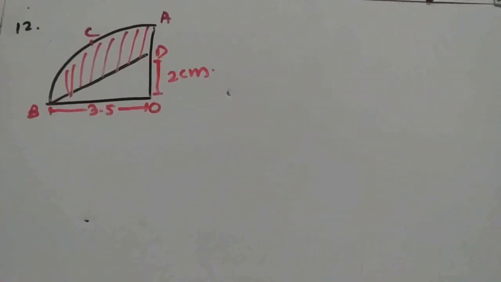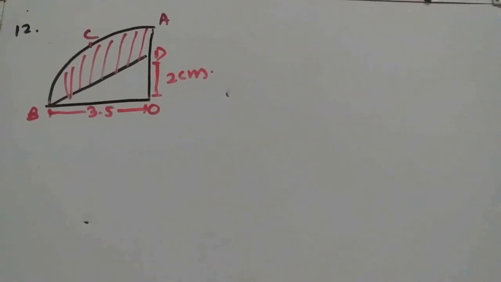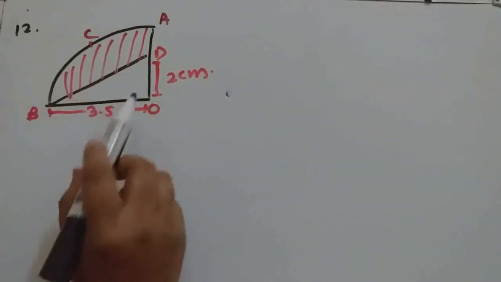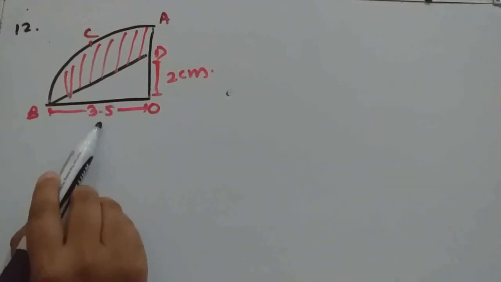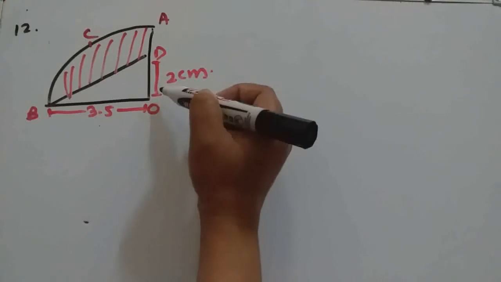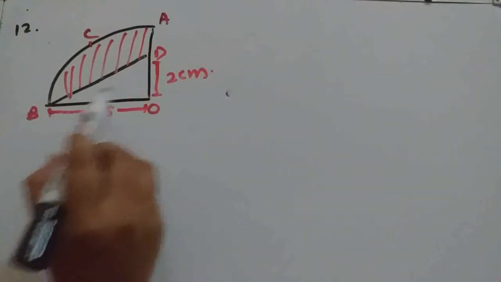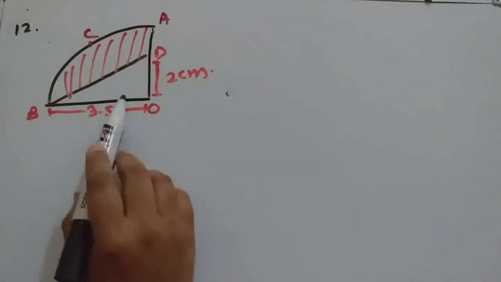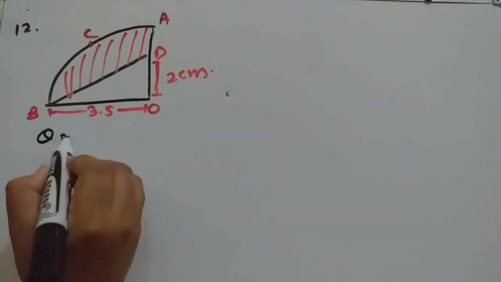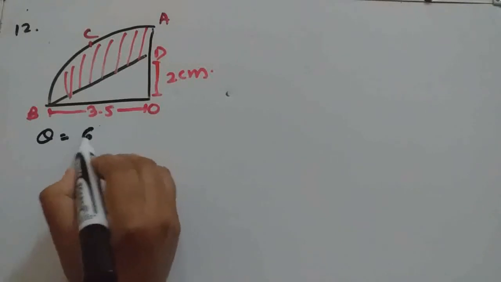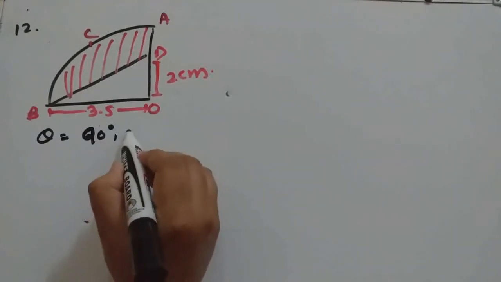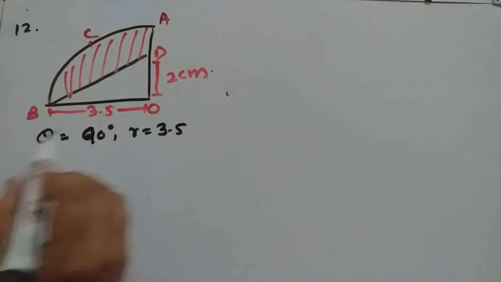In the question it is given that it is a quadrant of a circle, radius 3.5, and OD length is 2. So find the area of OACB. A quadrant is one of the sectors where theta is 90 and the radius is 3.5.